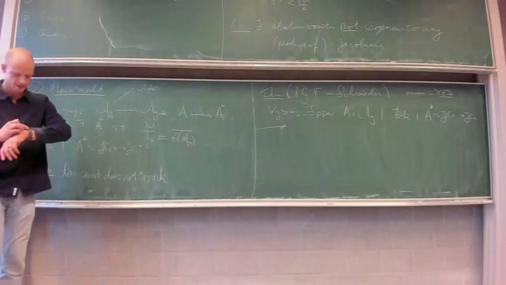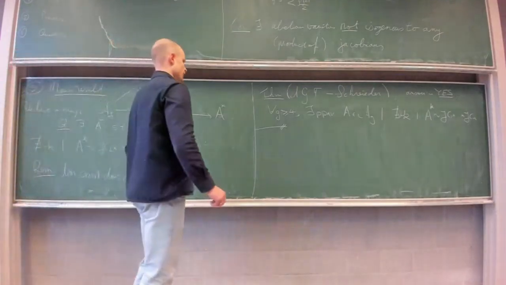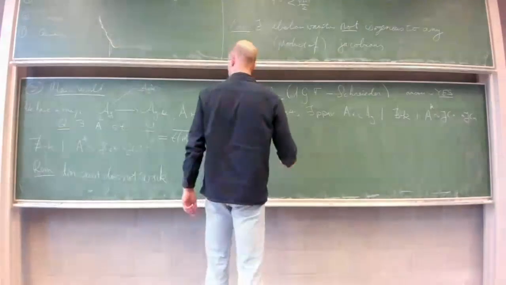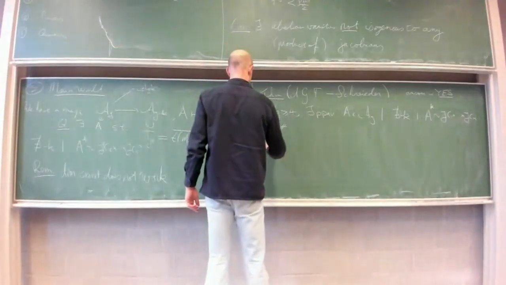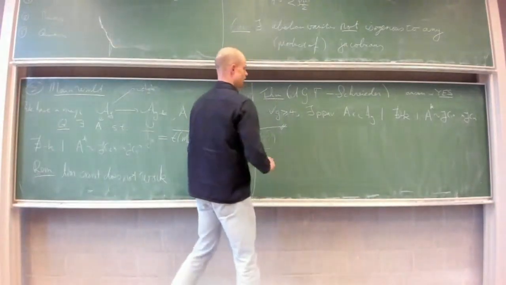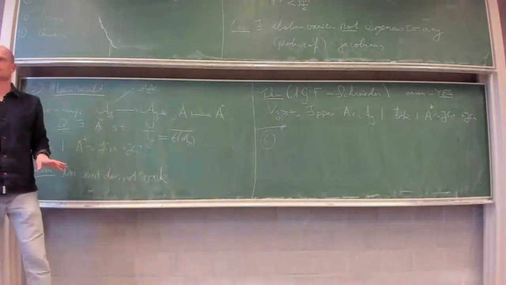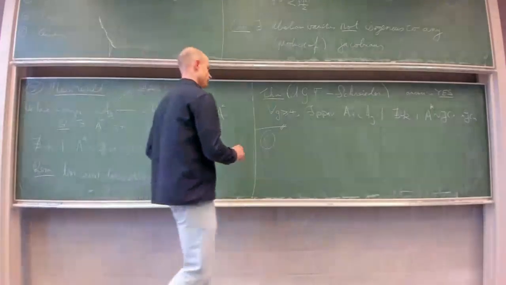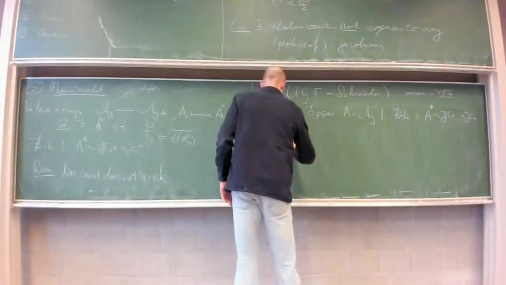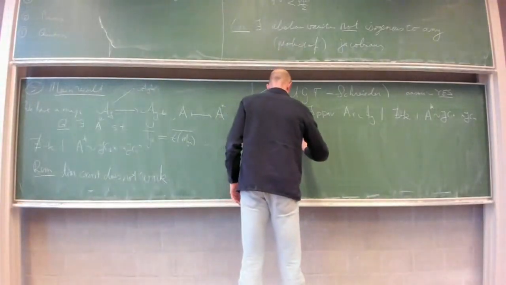Okay, and then with 4 or 5 more minutes left, I'll say something about the proof. I'll just say something quickly about the techniques. I won't go into the details, but the idea is to apply a degeneration argument.